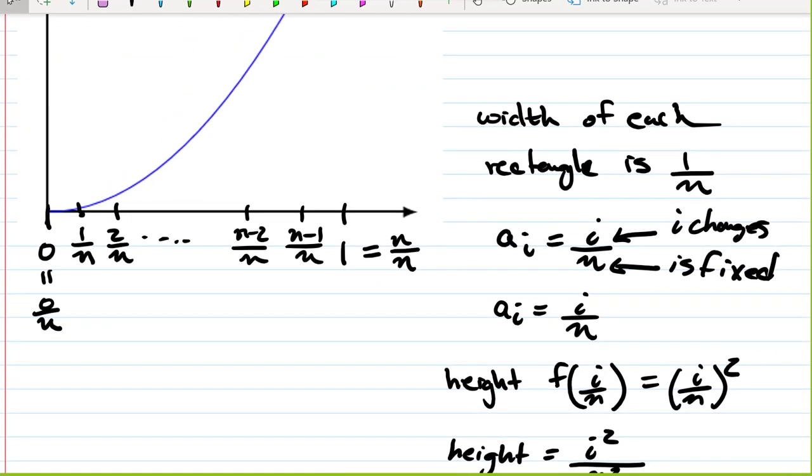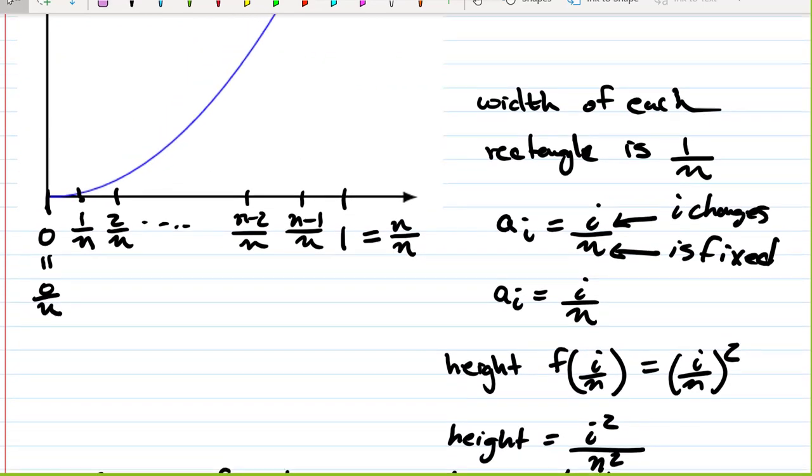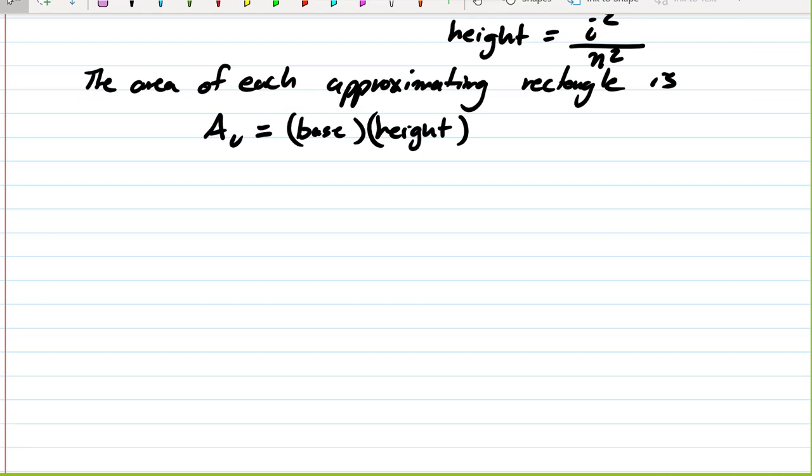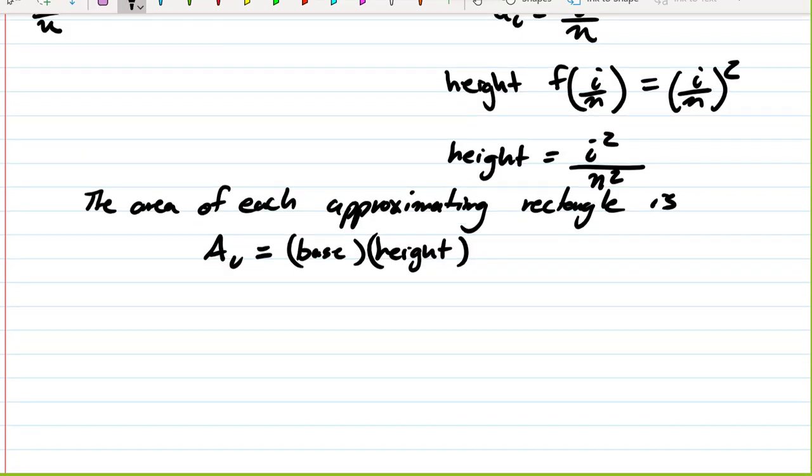So our base, or our width, is 1 over n. So we get a sub i is equal to 1 over n times i squared over n squared, which is our height. So i squared over n cubed.